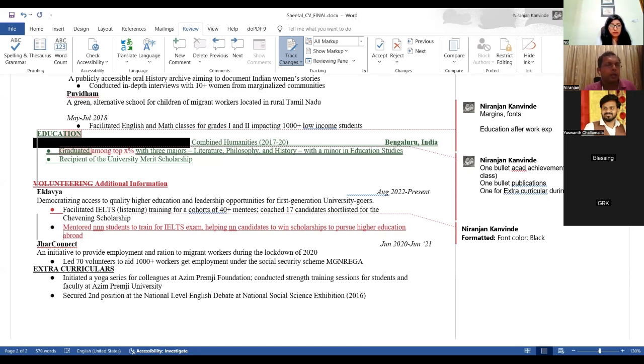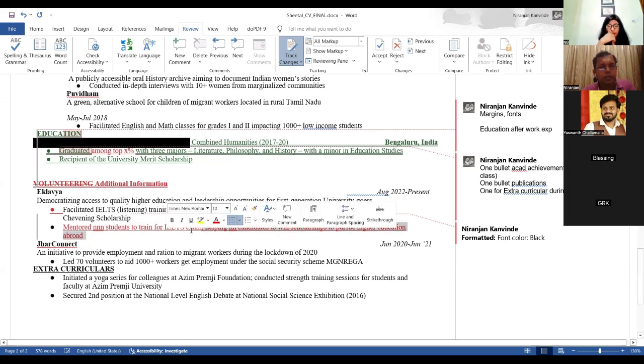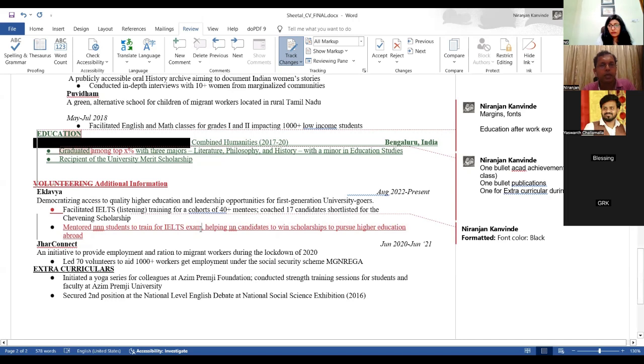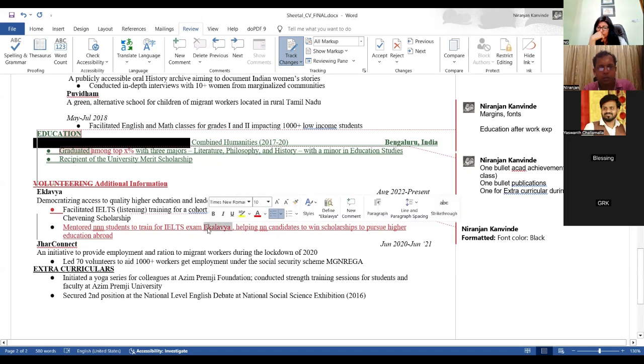That's fine. So this would be just one of the bullets. And here you mentioned you mentored students through Ekalavya Foundation.